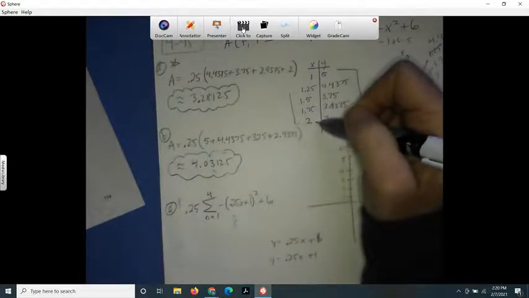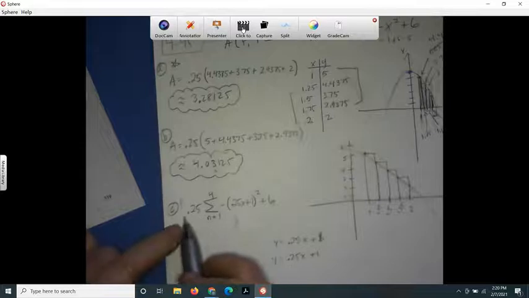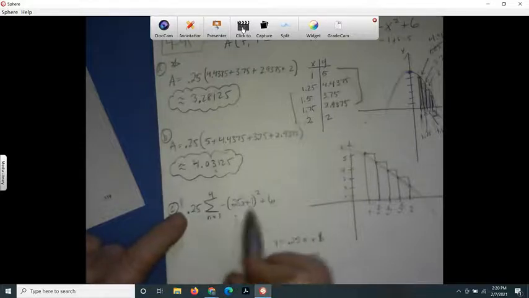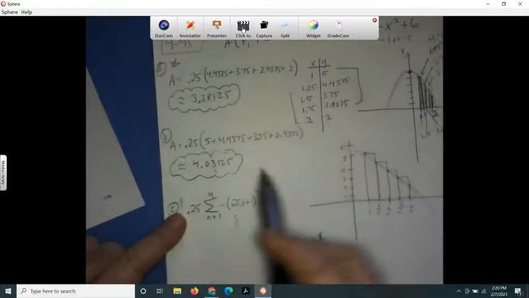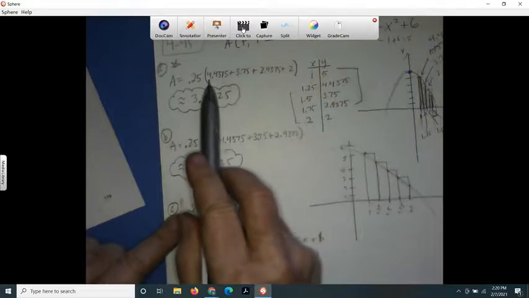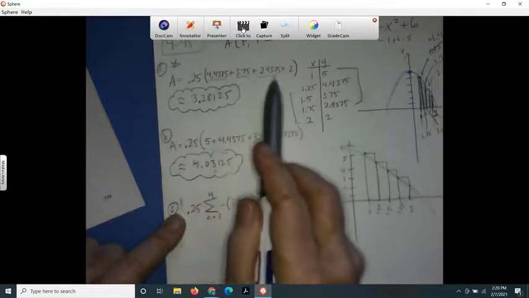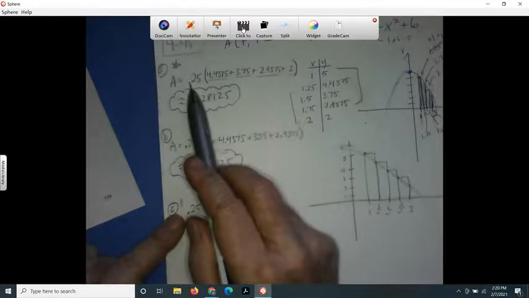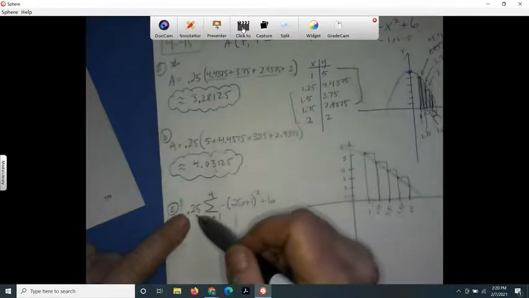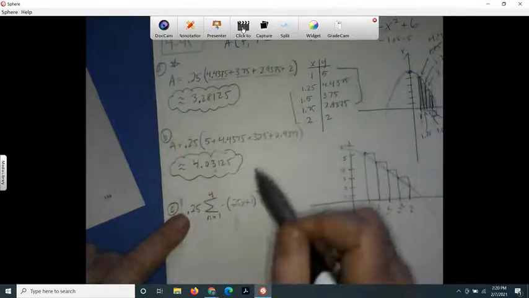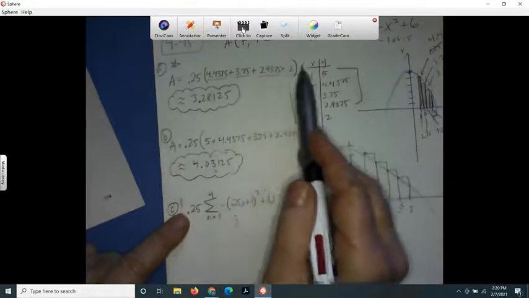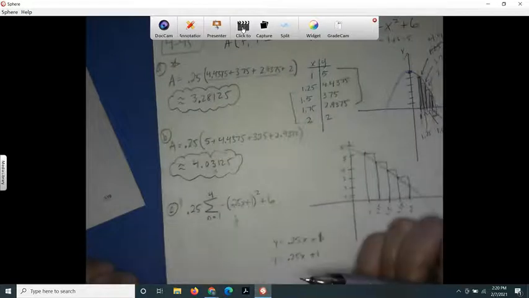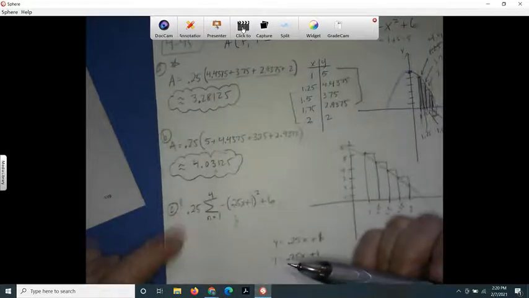What I started out with is the 0.25. Basically I'm trying to show that I'm adding up these 4 numbers, and after I'm done adding up these 4 numbers, we'll multiply it by 0.25. So that's why the 0.25 is out here.